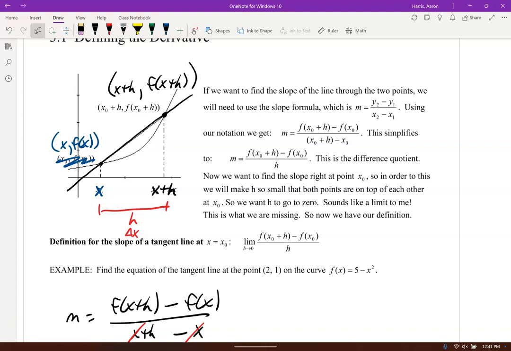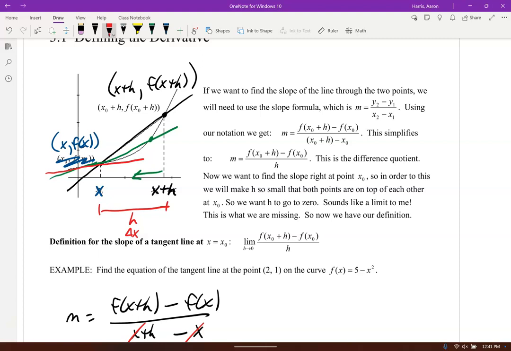Now remember, we want the slope of the tangent at x, right? So what I'm going to do is bring h in. So I'm going to bring this in a little closer. If I moved it to right here, now the slope is a little closer to my actual slope of the tangent in red.